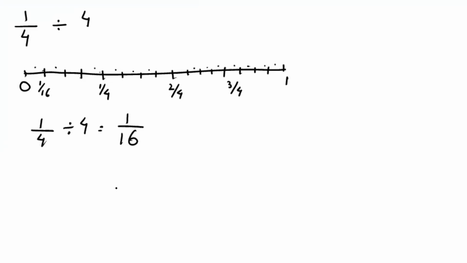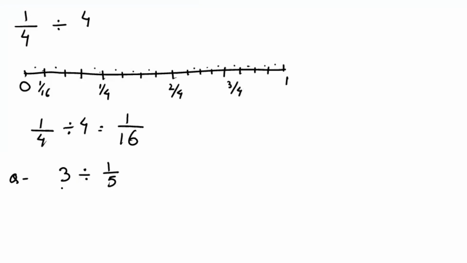Now take another question. Here it was 1 over 4 divided by 4. The another question says 3 divided by 1 by 5. Here the fraction was divided by the whole number, and here the whole number is divided by the fraction. So how can we do this one?